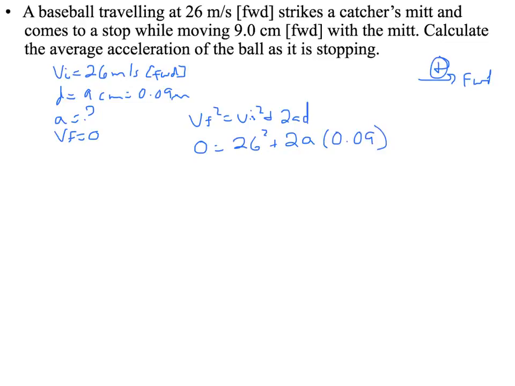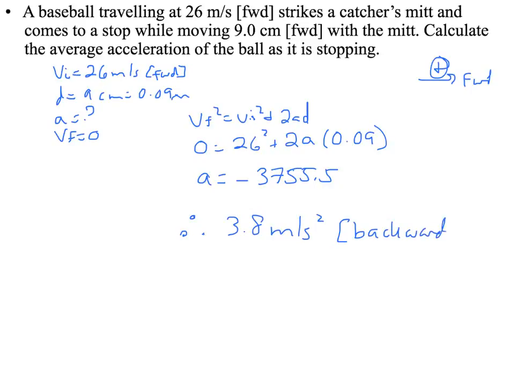Once you've done a little bit of rearranging, you end up with an acceleration of negative 3,755.5. We need 2 sig digs, so we get 3.8 meters per second squared backwards. Now why is it backwards? Well, forward is positive, therefore negative has to be backwards.